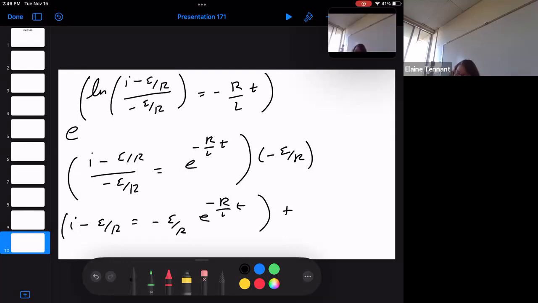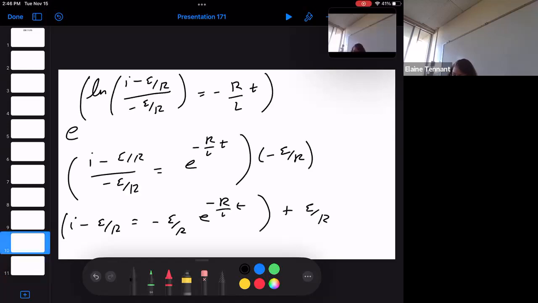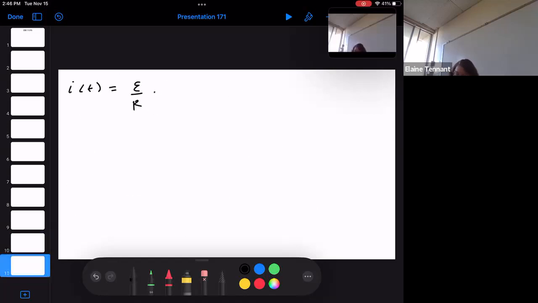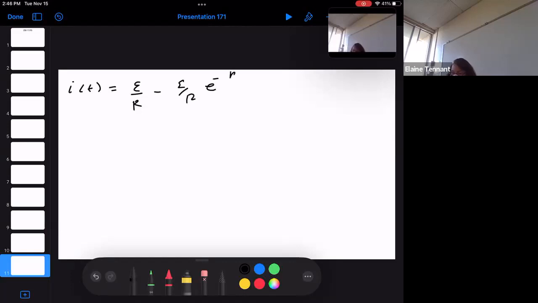And then we will add that to both sides, making this the battery voltage divided by the resistor minus the battery voltage over the resistor, e to the negative R over L times time.